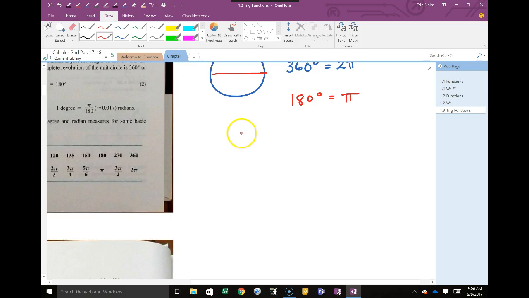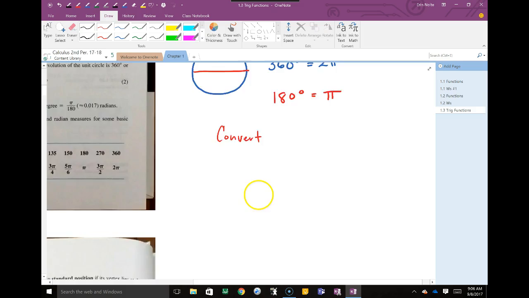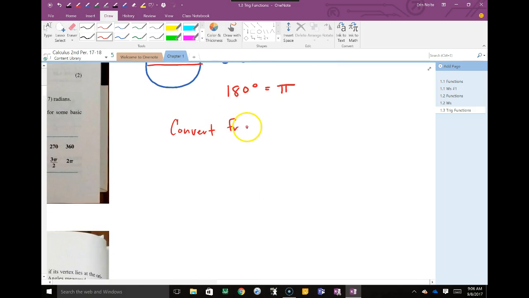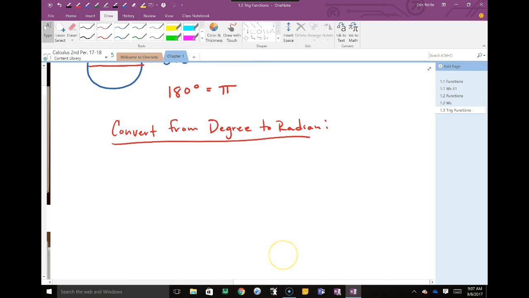So, do you remember how to convert from degrees to a radian? What do you do with 180 over pi? Multiply.